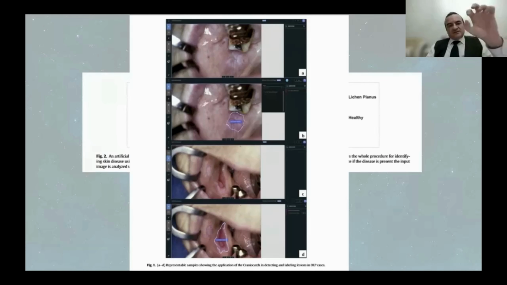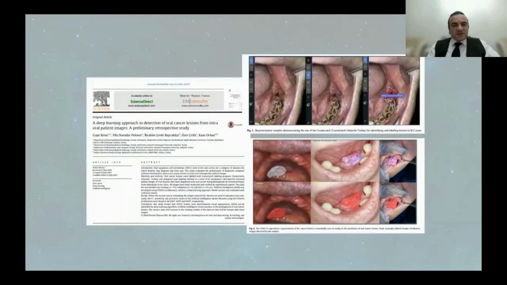The AI algorithm does the segmentation, detection, and classification. We also perform detection of oral cancer lesions from intraoral patient images, which can be detected simultaneously and classified by the AI algorithm itself.